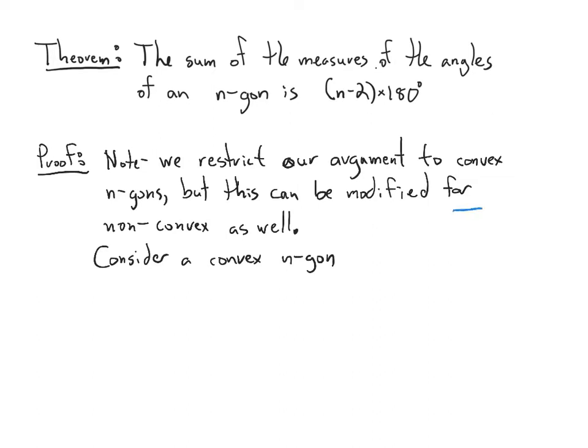We'll have it have 1, 2, 3, 4, 5, 6, 7, 8 sides. So this is an octagon. It's regular-ish, although all the sides aren't particularly the same length. But whatever, it is an n-gon. Okay, and in this case, n is 8. But this argument works for any convex n-gon that you like.